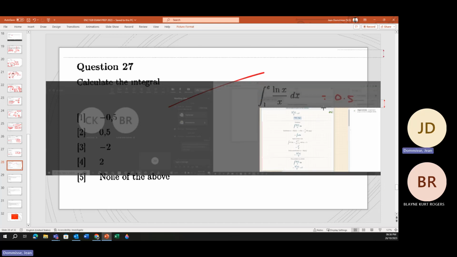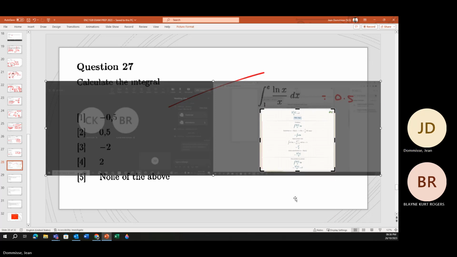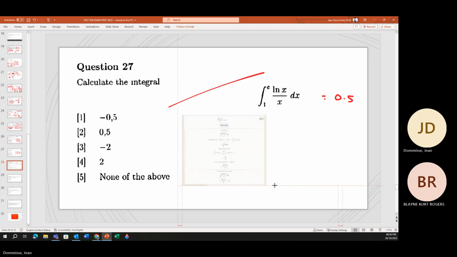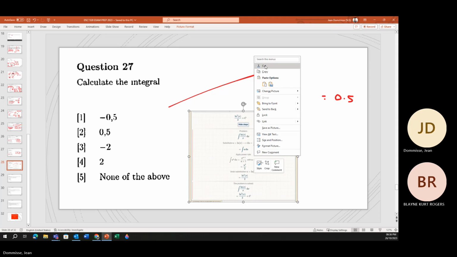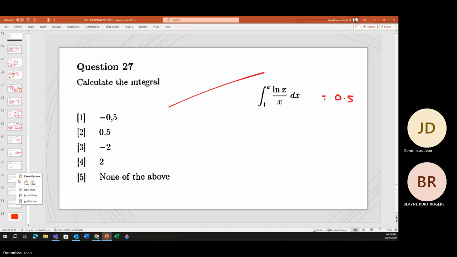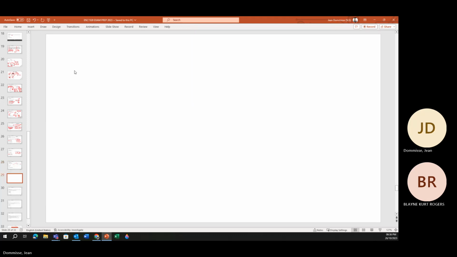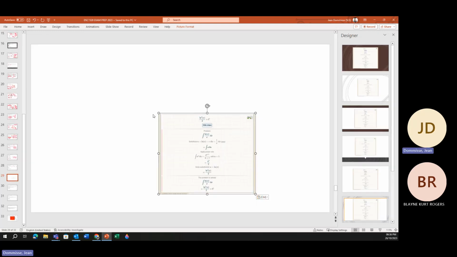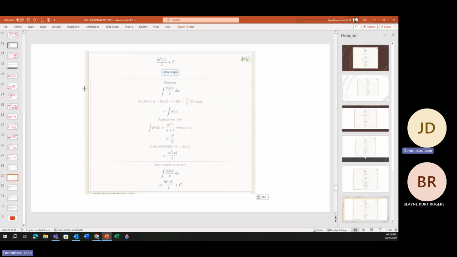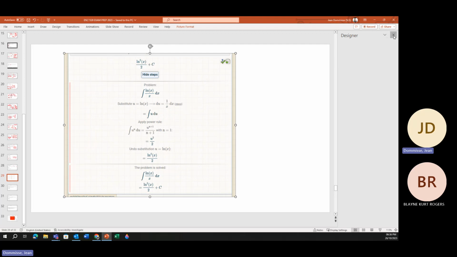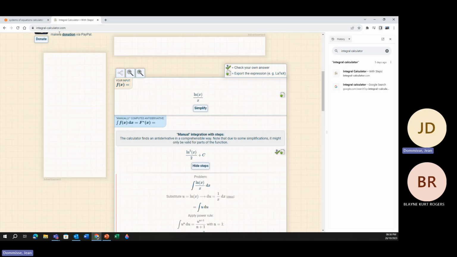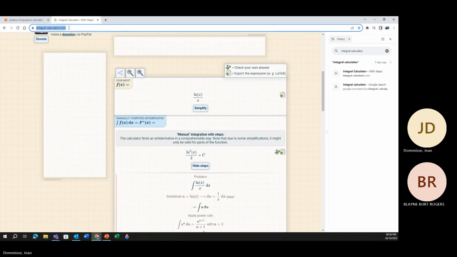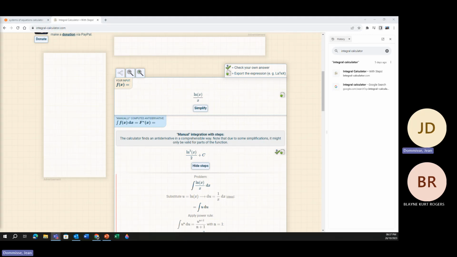Then you have the steps, but I will also quickly put in that link so that you can go and play with it.